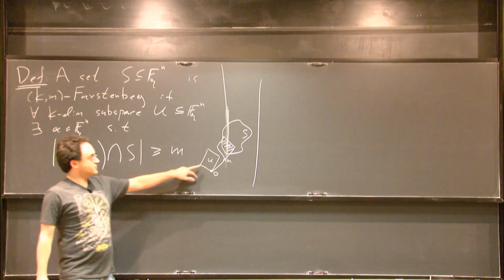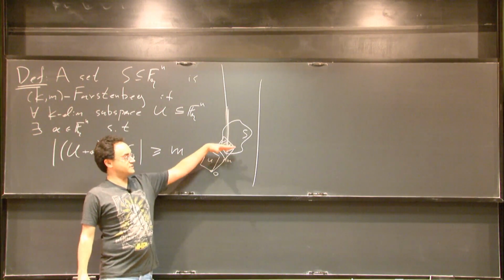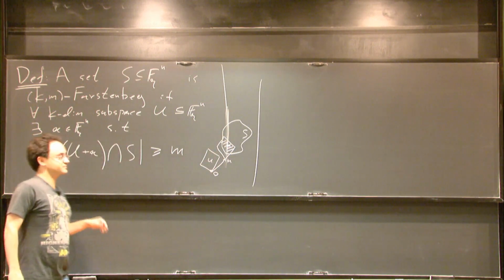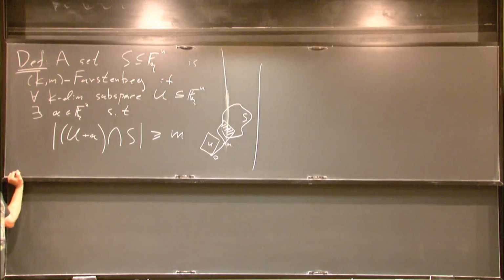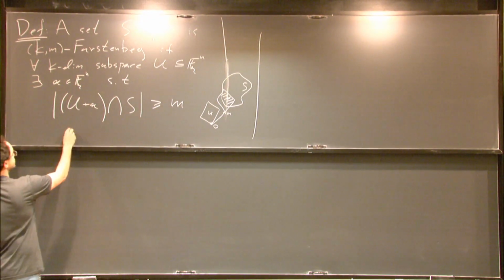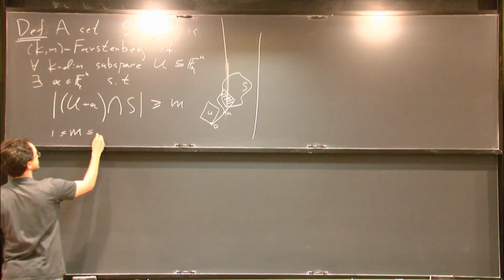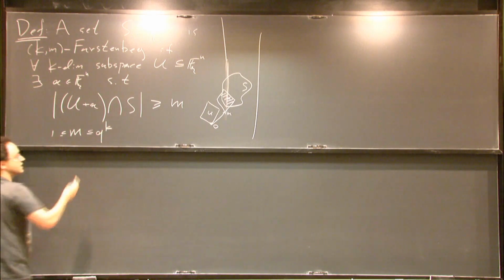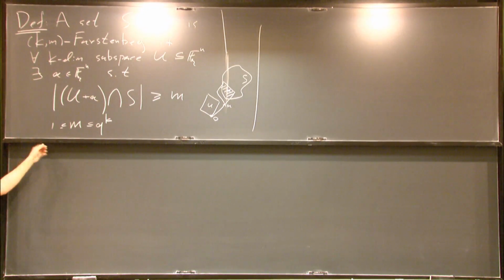So the subspace through the origin is like the direction of the shifted subspace. So these are sets that have large intersection with a subspace in every direction. And the parameter m is somewhere between 1 and q^k, where q^k is just the number of points on a k-dimensional subspace.